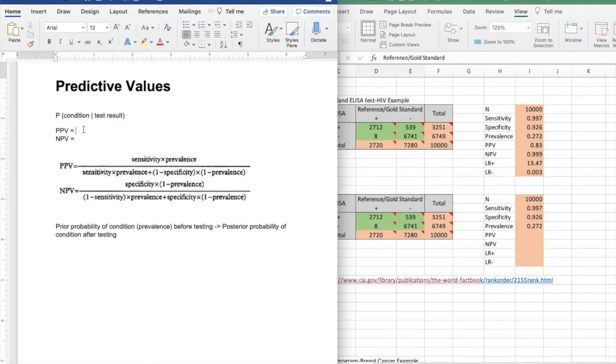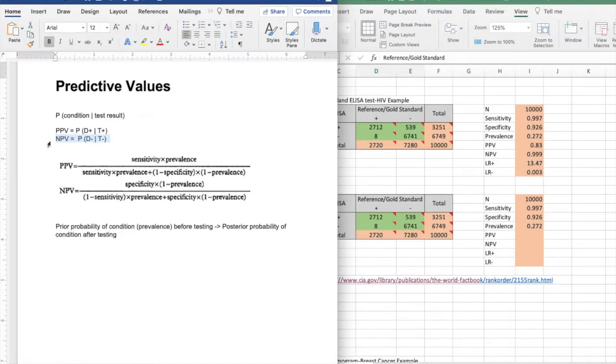So a positive predictive value is the probability of having the disease given a positive test. A negative predictive value is the probability of not having the disease given a negative test.